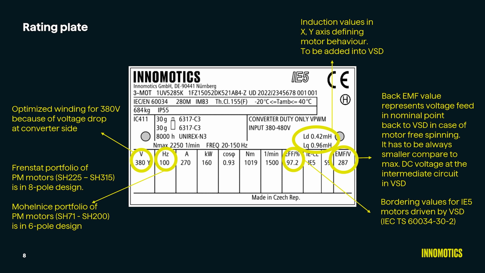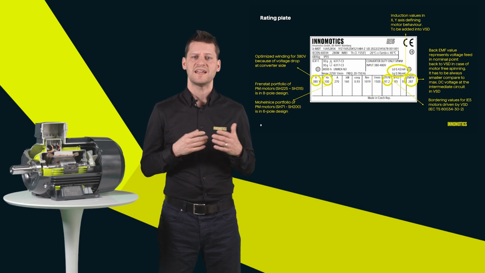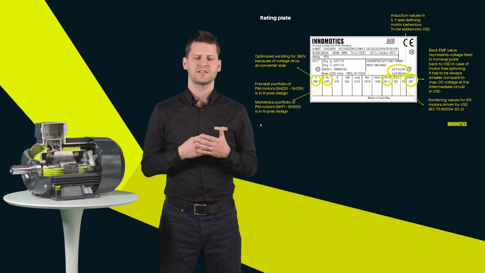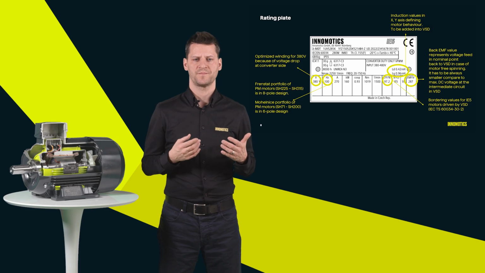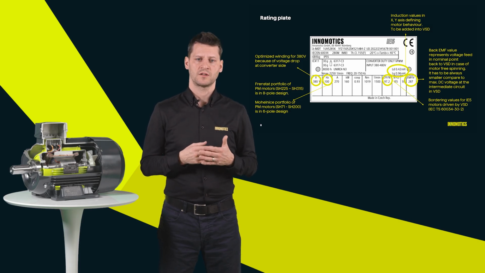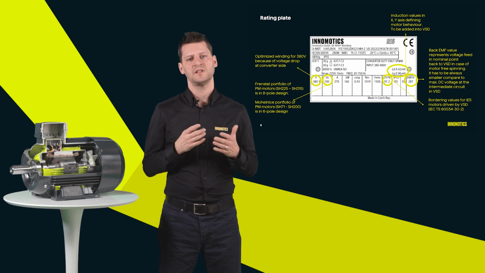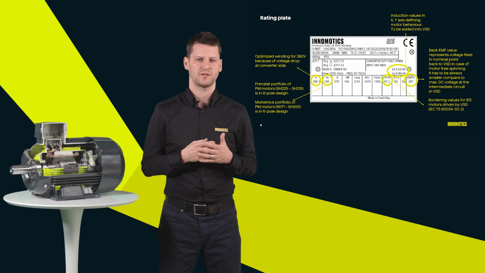The last but not least is the back EMF value. This value represents the voltage fed back to the VSD, which means to the frequency converter, in the nominal point in case of the motor free spinning. This value is always smaller compared to the maximum DC voltage at the intermediate circuit of the frequency converter.